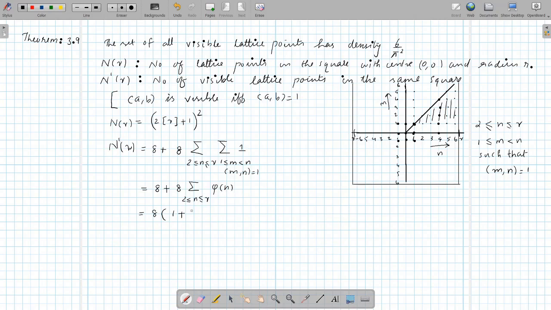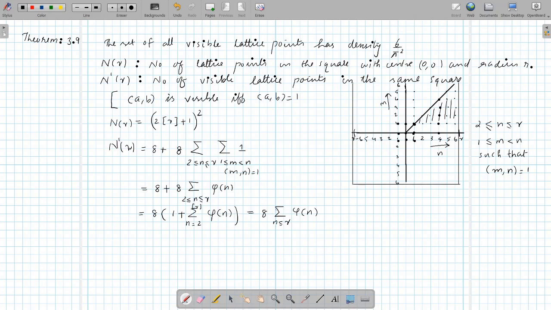So this will be written as sigma over n equal to 2 to the integral part of r of phi of n. So this is equal to 8 times sigma over n less than or equal to r of phi, and if you replace this 1 by phi of 1, this will be sigma over n less than or equal to r of phi of n.